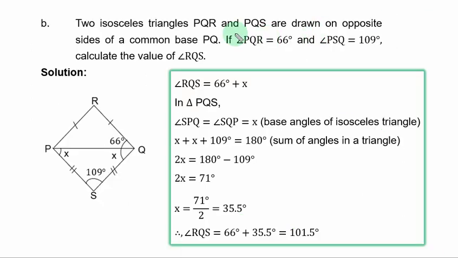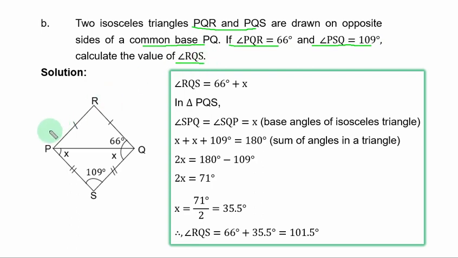Question 4b. Two isosceles triangles PQR and PQS are drawn on opposite sides of a common base PQ. If angle PQR equals 66 degrees and angle PSQ equals 109 degrees, calculate the value of angle RQS.